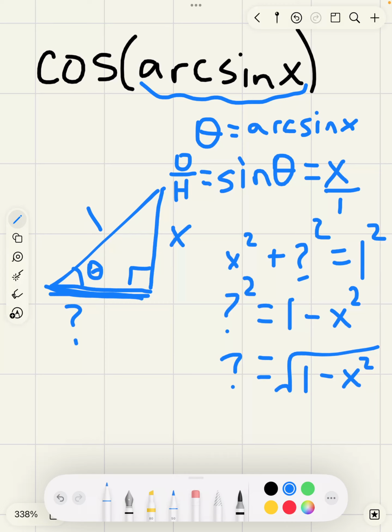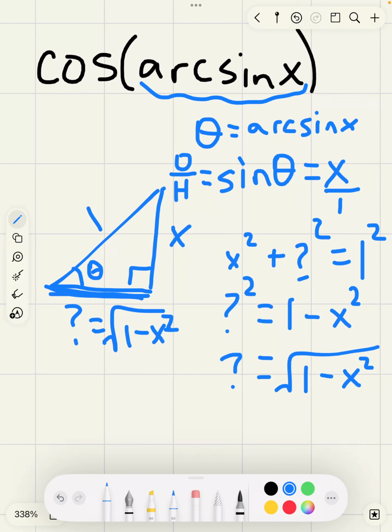I'm not going to consider the negative square root simply because we're talking about side lengths of a triangle, and without the context of a coordinate grid, that doesn't really make sense. So we're just going to leave it at the positive square root of 1 minus x squared.